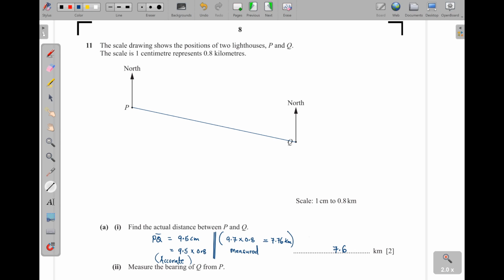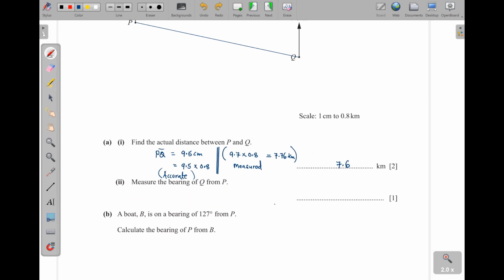The bearing of Q from P. We measure bearings from the North Pole, then we go clockwise.